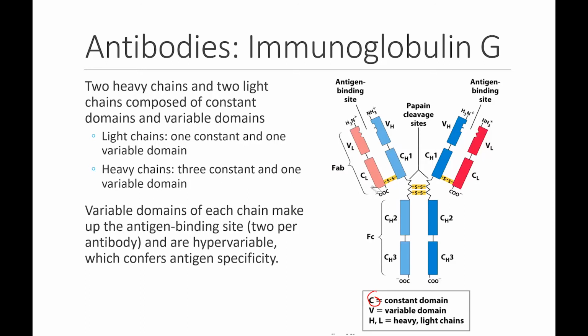Now, the main takeaway from these antibodies is that the areas we call the variable domains and the areas we call constant domains are either unchanging or essentially variable. Constant domains are unchanging.